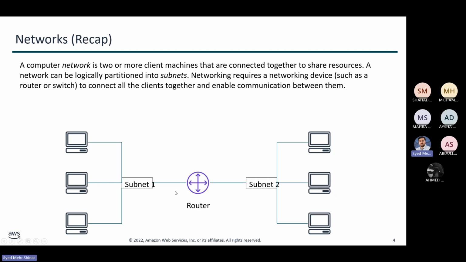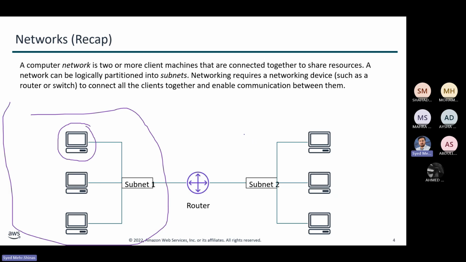A network can be divided logically. Here, these computers are in subnet 1 and other computers are in subnet 2. So these are different, and in between there is a router.